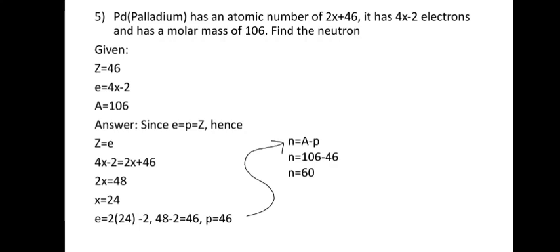Remember that electron has the same amount as proton, so proton is also 46. Following the arrow to the right side, we have neutron equals atomic mass minus proton, so it equals 106 minus 46, so we have 60 neutrons.